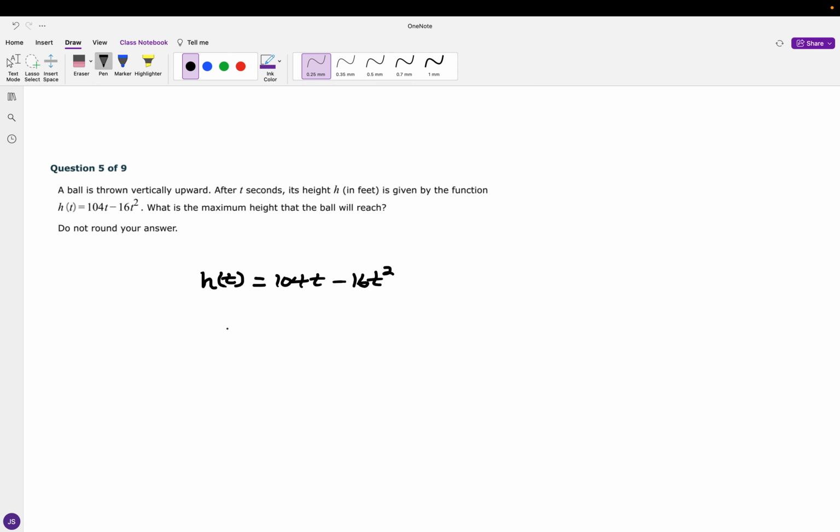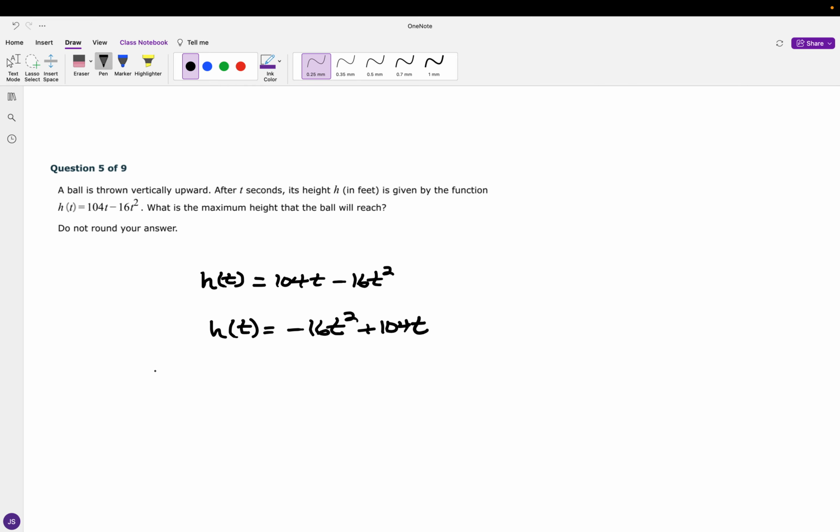Looking at this equation now, if I'm to translate it to either standard or vertex form, what I need to do is to have the terms in descending degree order. So rearranging the terms, if I put the square term at the front, I have negative 16t squared plus 104t.